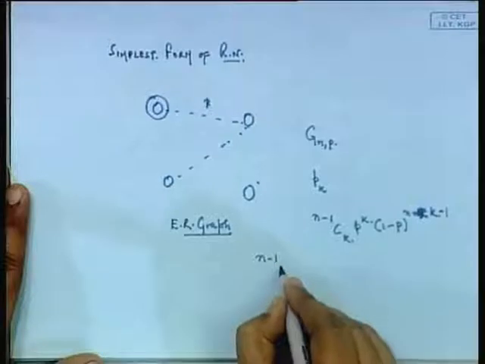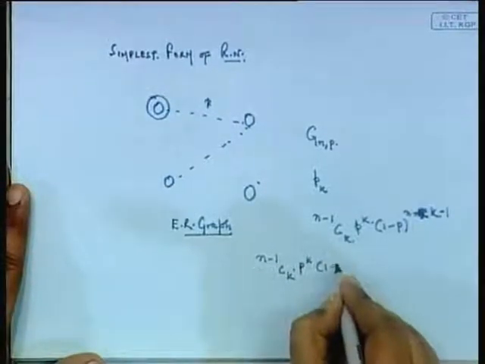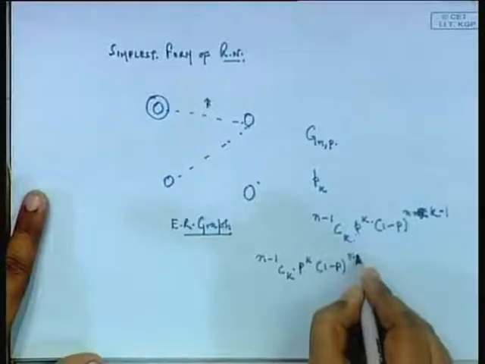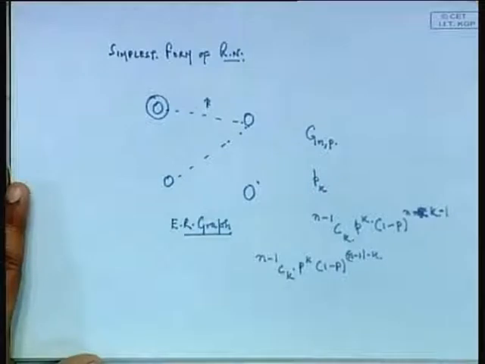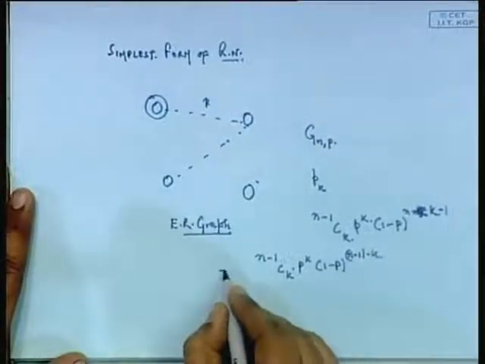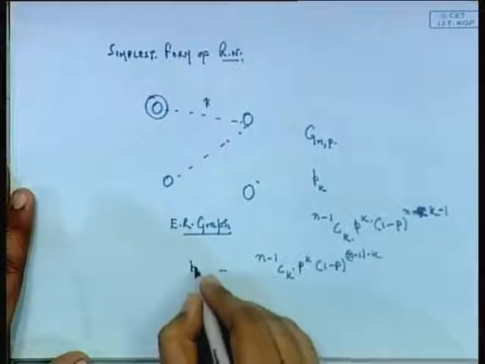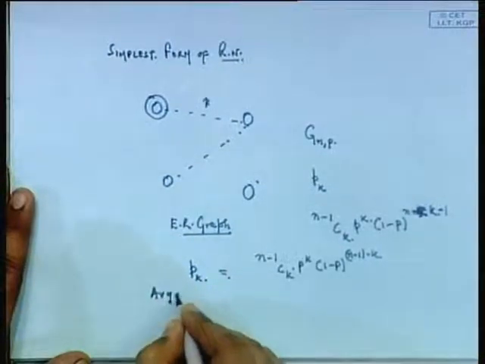So, this is p_k. Now I want to find out the average degree.